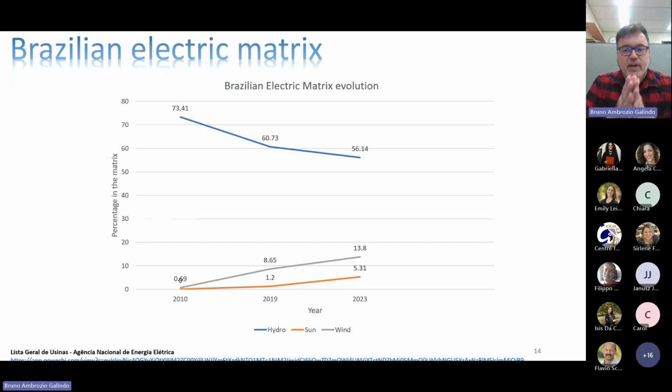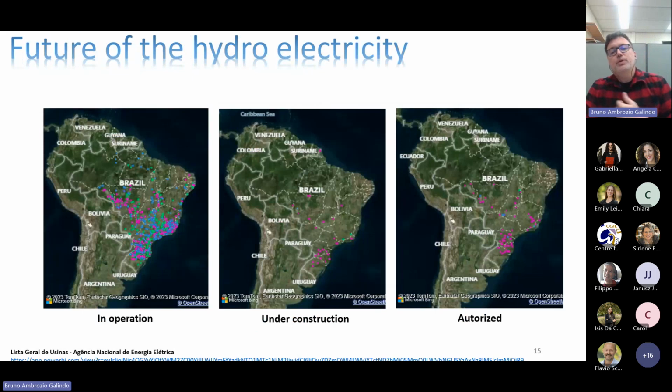As a matter of fact, Brazil is changing its electric matrix in the last years. As you can see, there is an increase in solar generation and wind generation, and a lower dependency on hydroelectricity. But Brazil is still increasing the number of hydroelectric power plants.